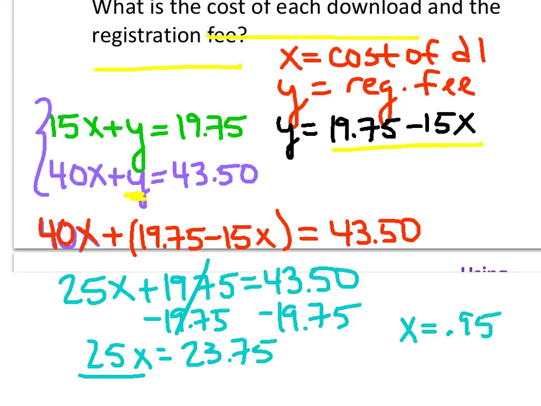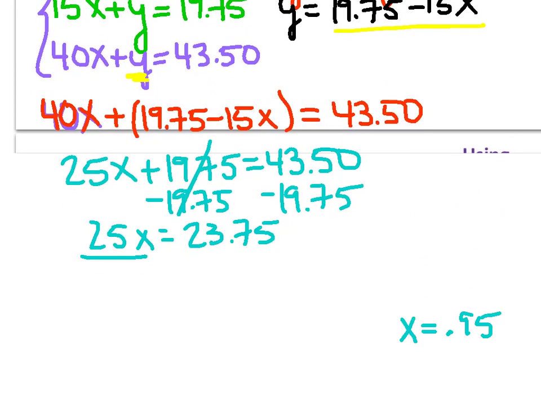So what does that mean? That means each download is 95 cents. Now to figure out what the registration fee was, I divided each side by 25, and I got x was 0.95. So now I need to plug in. Okay, I'm going to plug into this guy right here.